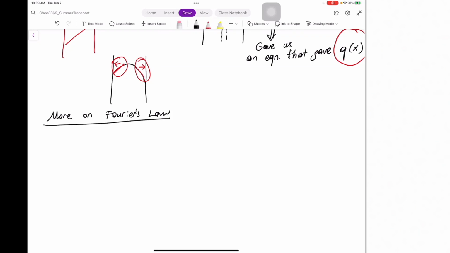Remember, we wrote down Fourier's law for one dimension, for flux flowing along the x direction. What happens if we have flux flowing in more than one dimension? Maybe you have a three-dimensional system, and the flux can be along any direction in your system.